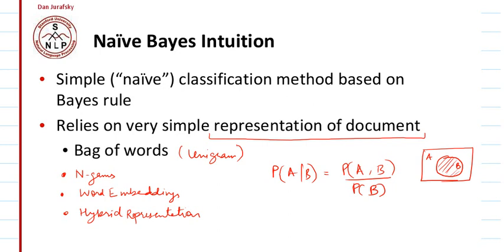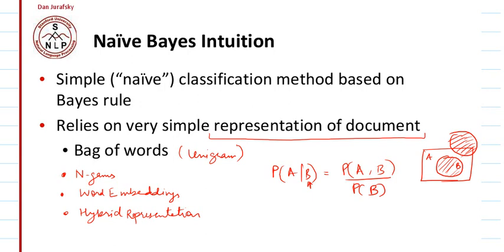It means that we are looking into some smaller set, so we are dividing the combined probability of A and B by it, right? So we are just considering only that portion on which we are conditioning.